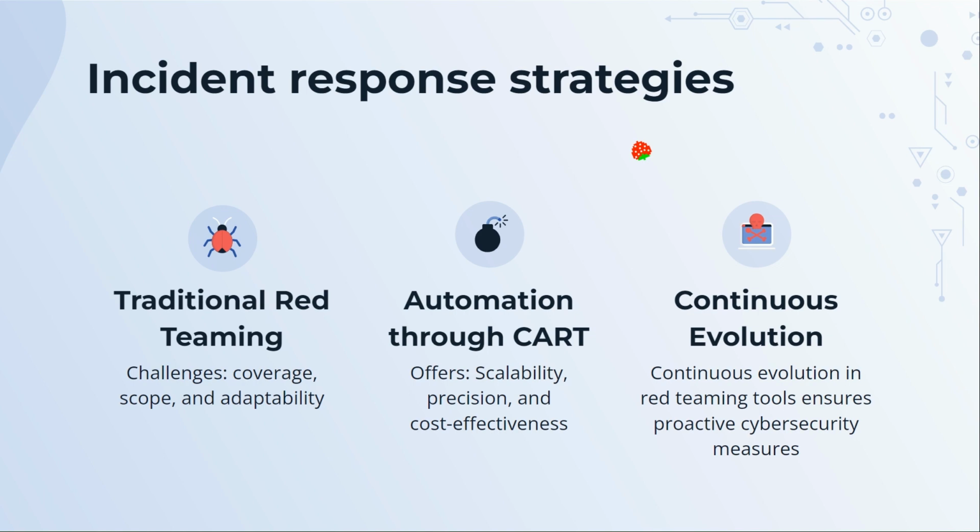With automation through continuous automated red teaming, this offers scalability, precision, and cost effectiveness. There's going to be continuous evolution of these red teaming tools, and this ensures that our team will stay the most updated if we adopt this.